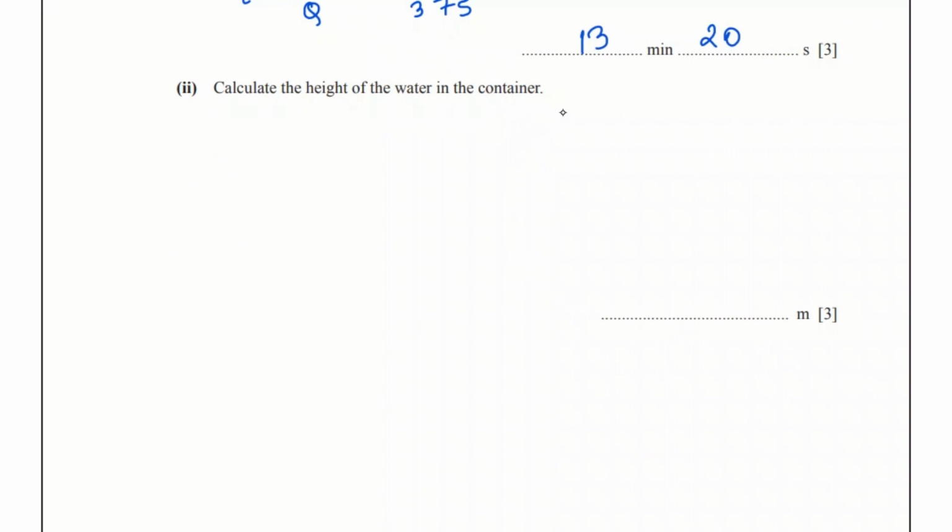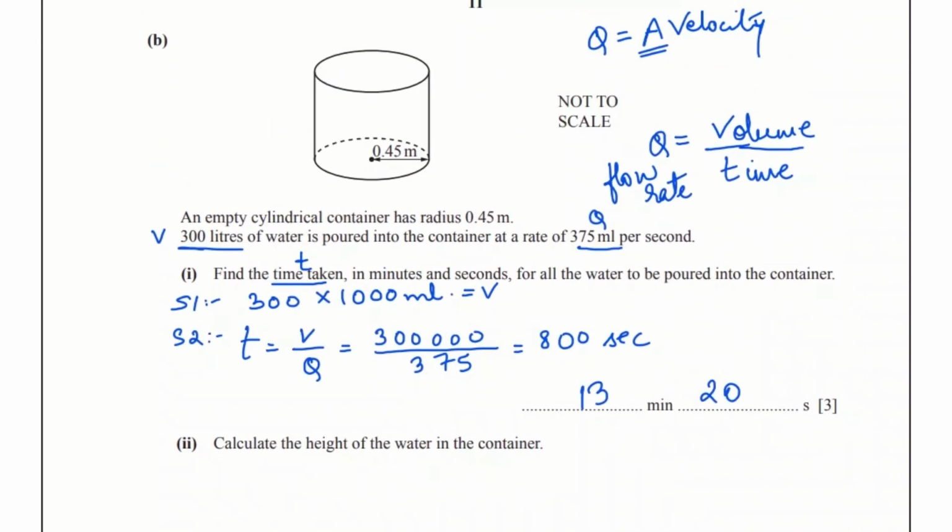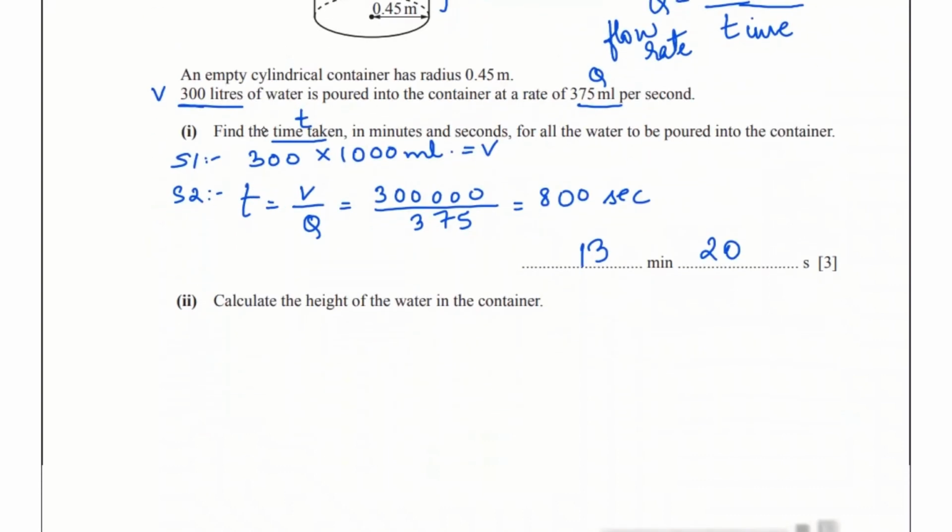Calculate the height of the water in the container. To calculate the height, simply use the formula of volume. Volume equals pi r square h.